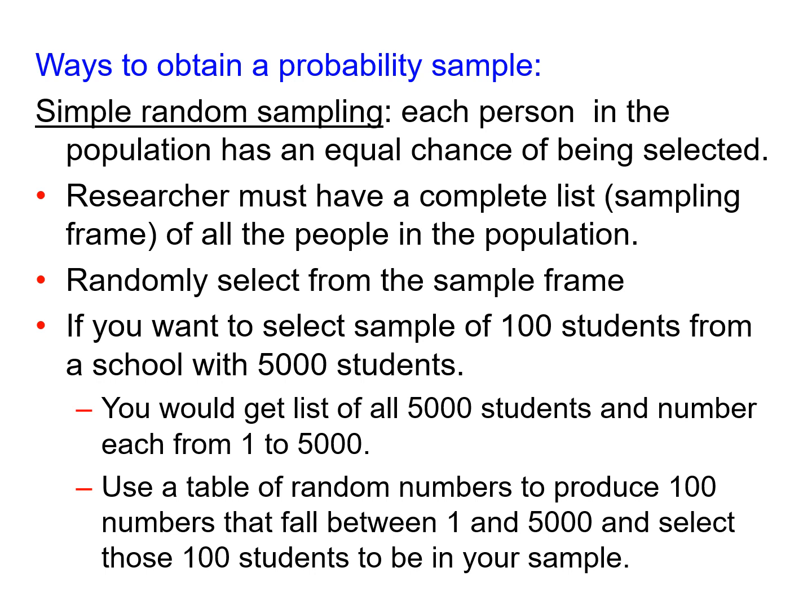For example, if you want to select a sample of 100 students from a school with 5,000, you would get a list of all 5,000 students and number each from 1 to 5,000. Then use a table of random numbers to produce 100 numbers between 1 and 5,000 and select those 100 students to be in your sample. This is called the fishbowl method.